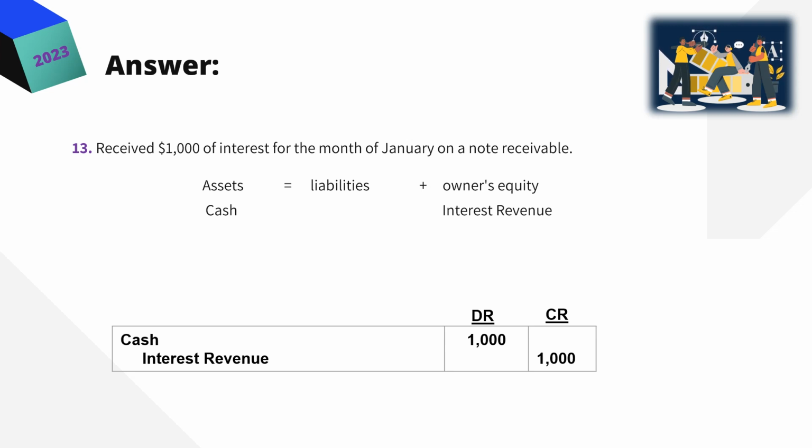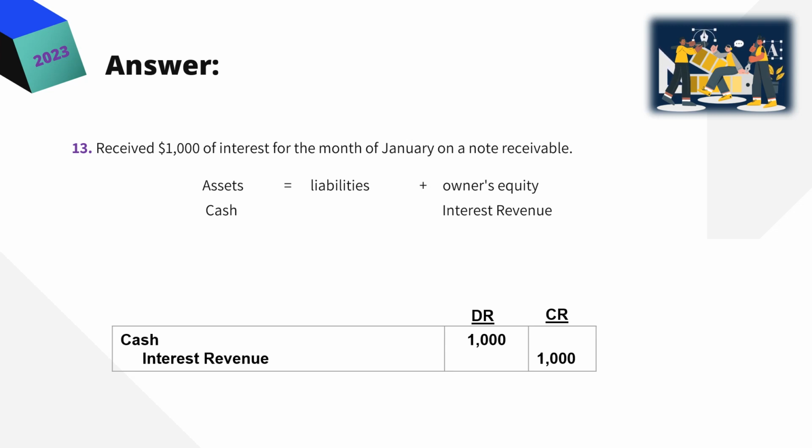As a result, let's try and analyze this transaction in terms of our financial position. We are receiving cash, and so we have an increase in our assets, and that would be a debit to cash. Again, we've incurred no obligation here. We're receiving something as a result of having provided goods or services. Now, the service that we've provided here really is that we've allowed somebody to use our money for a period of time, and they're going to pay us for that.